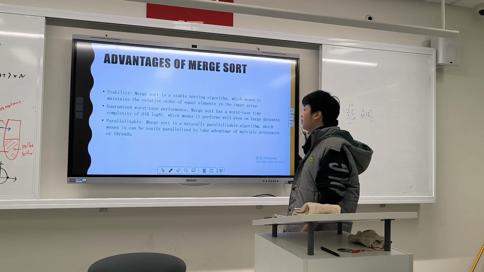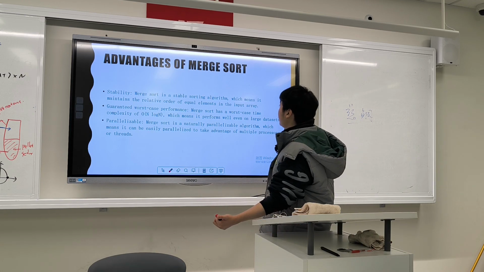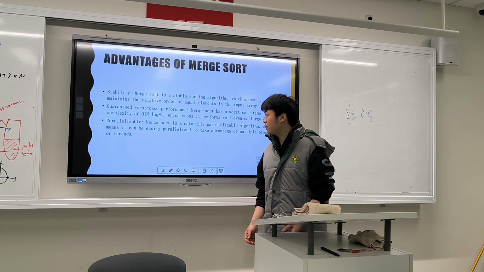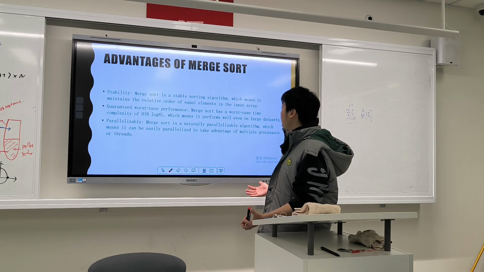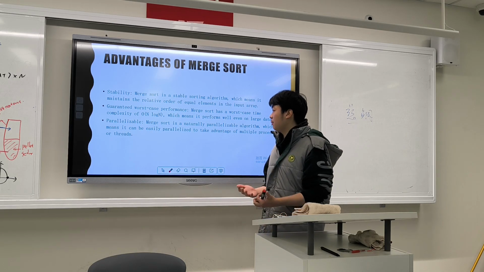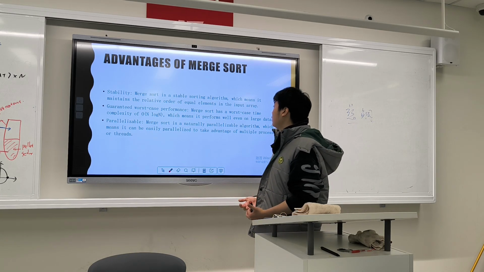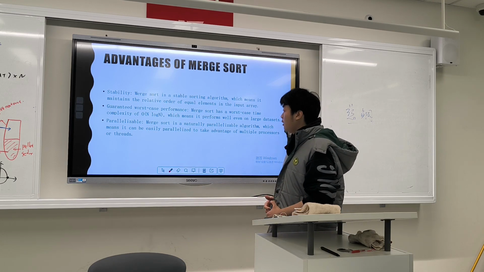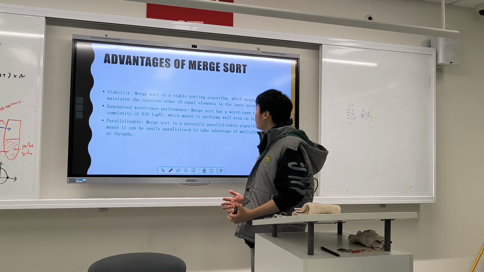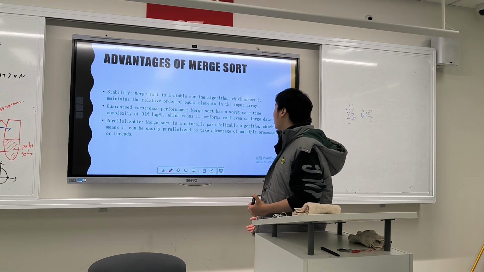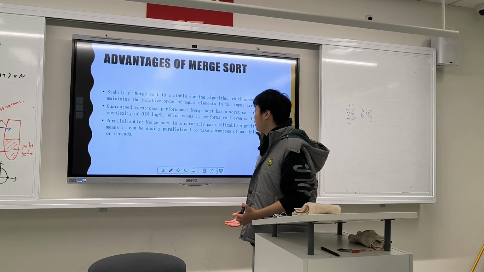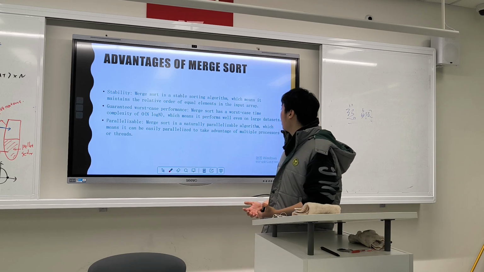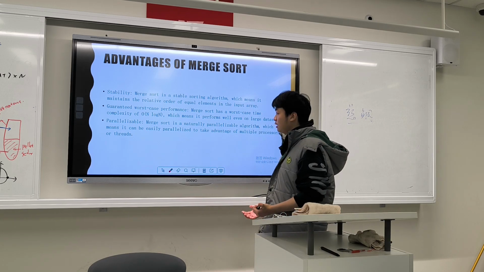Now we talk about why we use merge sort. The first is stability. It is very stable, which means that it maintains the relative order of equal elements in the input array, and it has a guaranteed worst case performance. Merge sort has a worst case time complexity of O(n log n), which means it performs well even on large data sets.